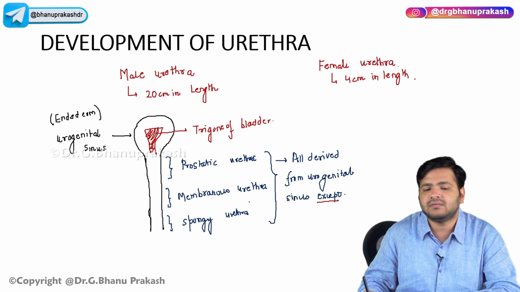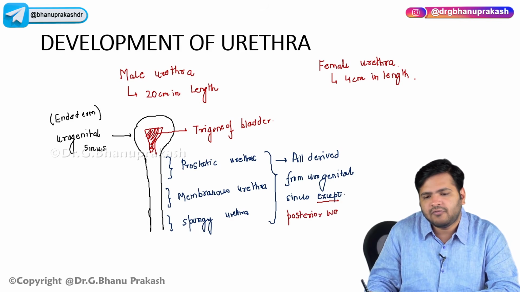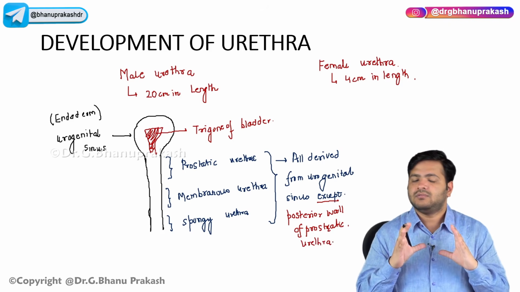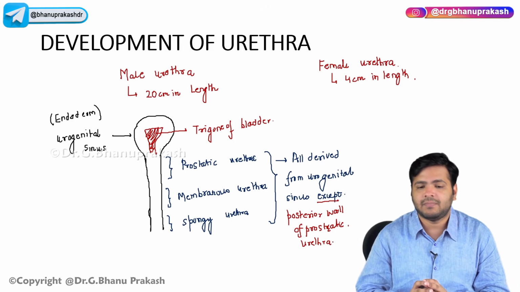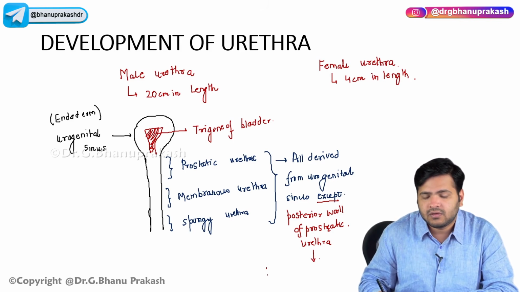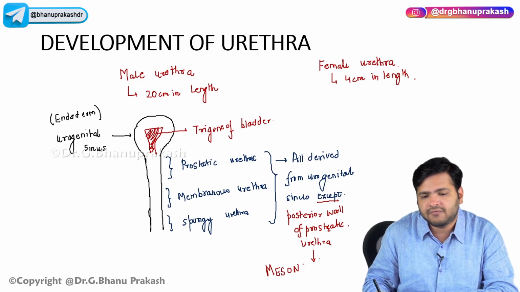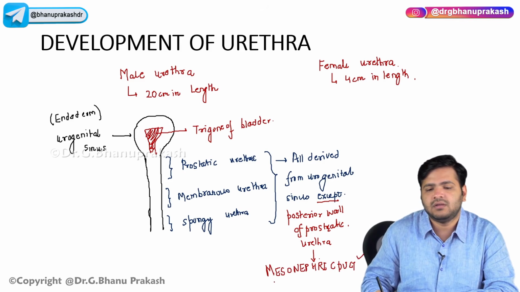So the entire urethra in the male is basically developed from the urogenital sinus only, but the posterior wall of the prostatic urethra is coming from the mesonephric duct.